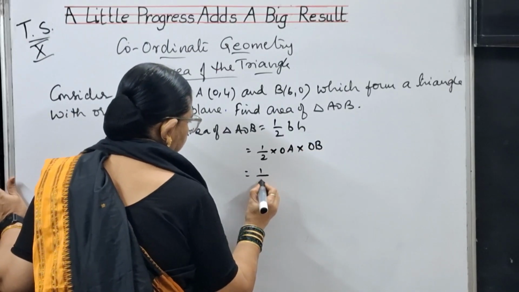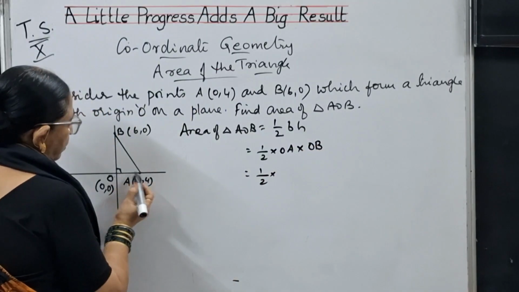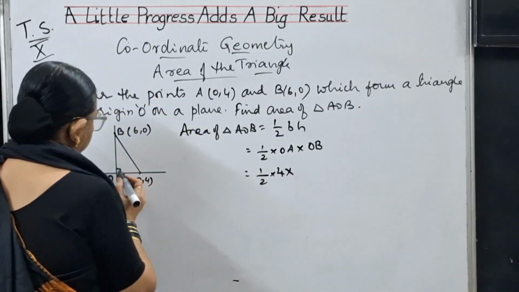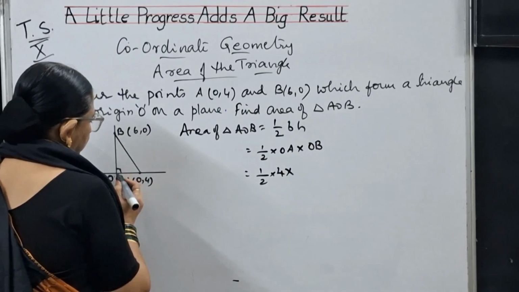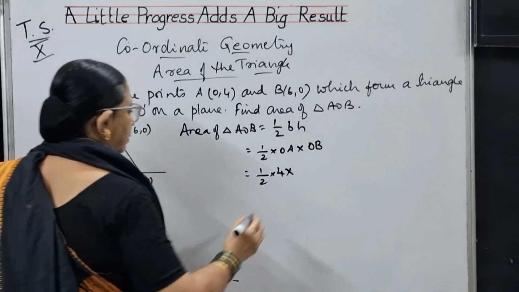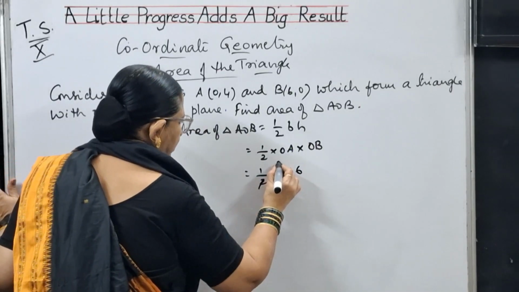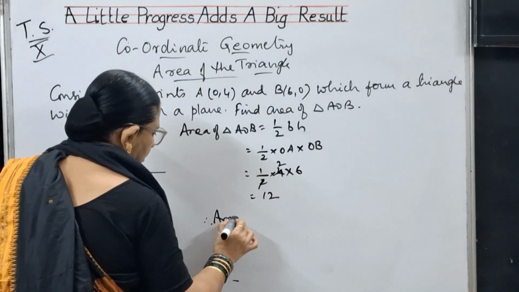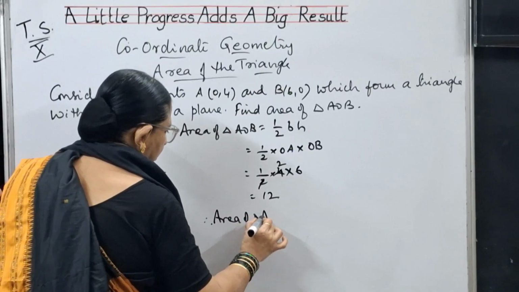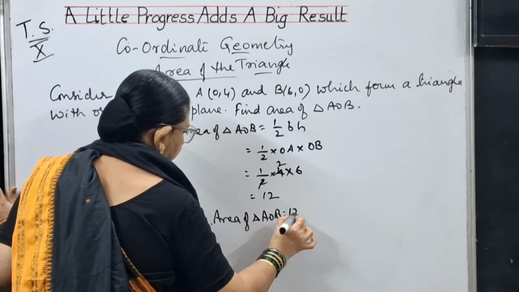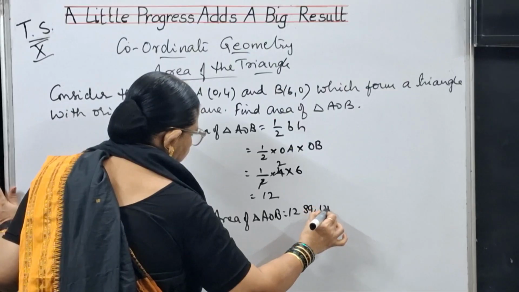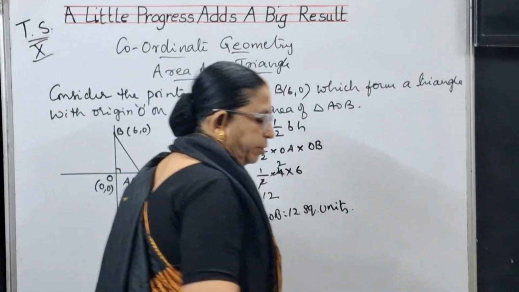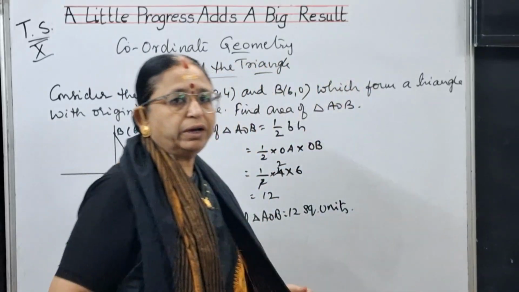So that is half into OA, children, 0 to 4 means 4 units, into OB, 0 to 6, that is 6. 2 ones are 2, 2 twos are 4, that is 12. Therefore, area of triangle AOB is equal to 12 square units. Because we don't know what the units are, we write it as 12 square units.